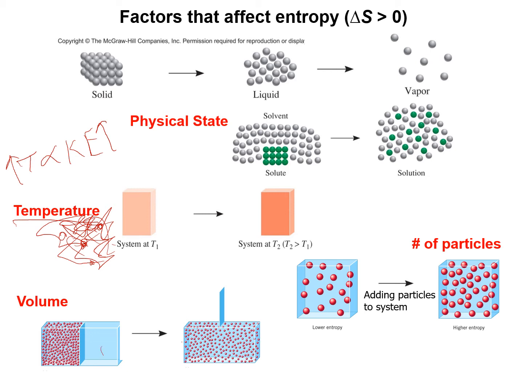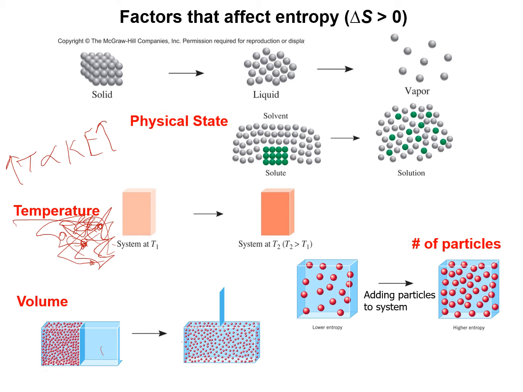And the last example is volume. For instance, similar to the example we saw before, I have this particular container where all these molecules are arranged in a particular fashion in a smaller space, right? Now, if I suddenly remove this barrier, they would have a lot more space to move around. So volume would increase, right? So atoms are going to move around more randomly.